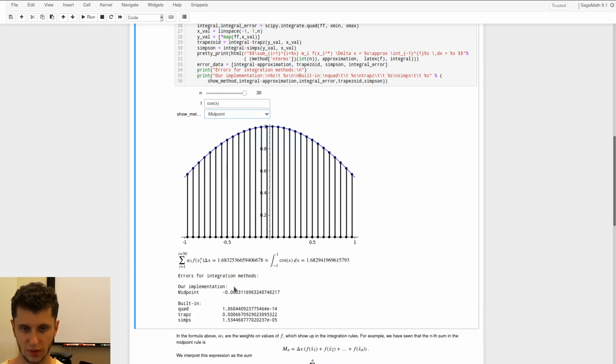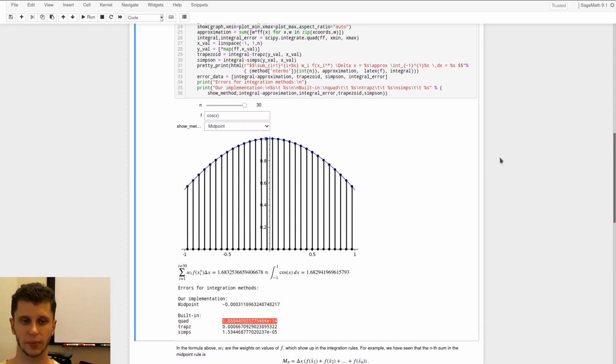Yeah, so that's quite an improvement over what we had for 10 subintervals, but still very far away from the default method for definite integrals in SciPy.